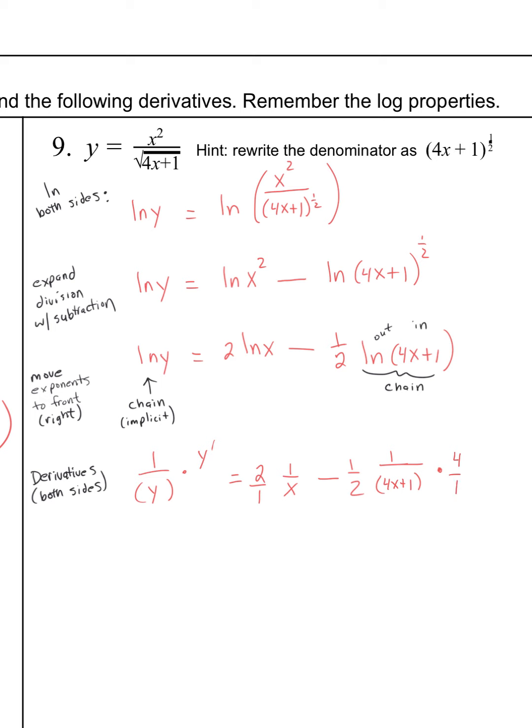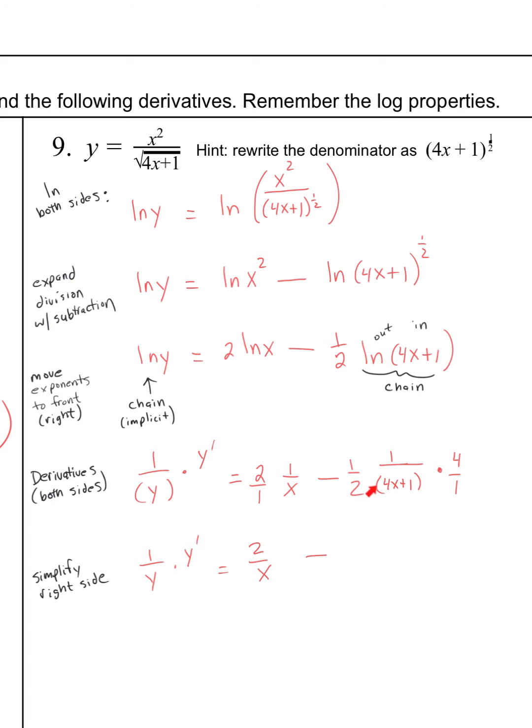At this point, we are going to simplify the right side. So 1 over y times y prime sticks around. When we simplify the right side, this we can write as one fraction, 2 over x, and then we have minus.